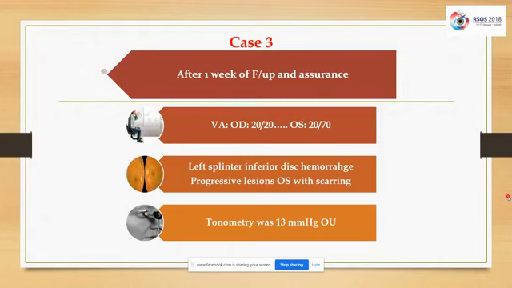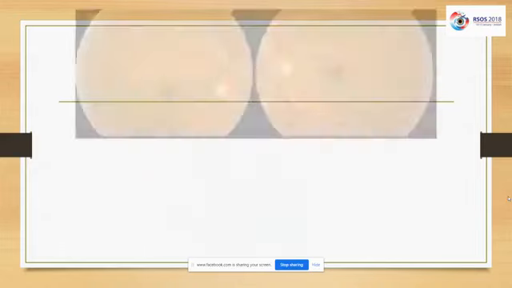So the blood pressure was controlled, and there is a possibility that multiple evanescent white dot syndrome can be self-limited without steroids. But the patient came to me after 1 week of follow-up with the vision still 20/70 in the left eye, and now the patient developed a left inferior splinter disc hemorrhage and progressive lesions with scarring.